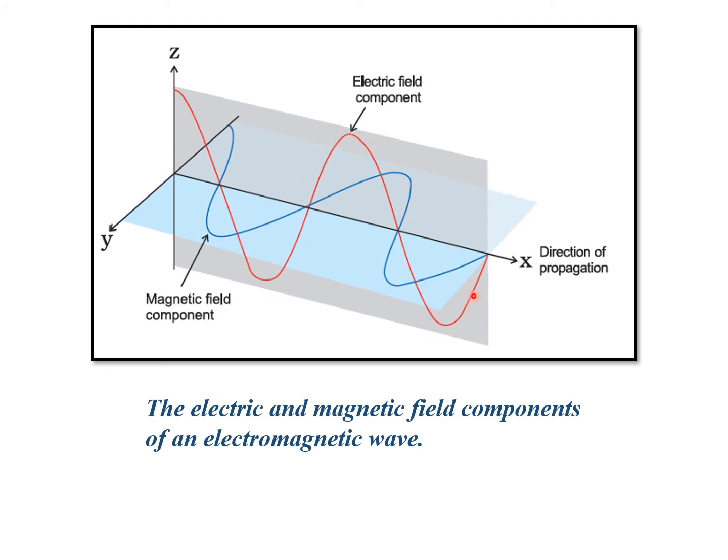And here, this is the 3D graph where the x-axis is the direction of propagation, and towards the xy plane it is the magnetic field component, and towards the xz plane it is the electric field component. So the motion of the electromagnetic radiation is similar to what is represented over here.